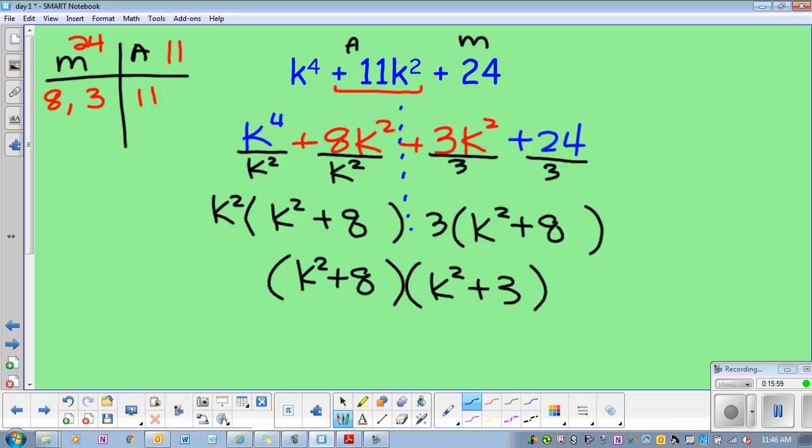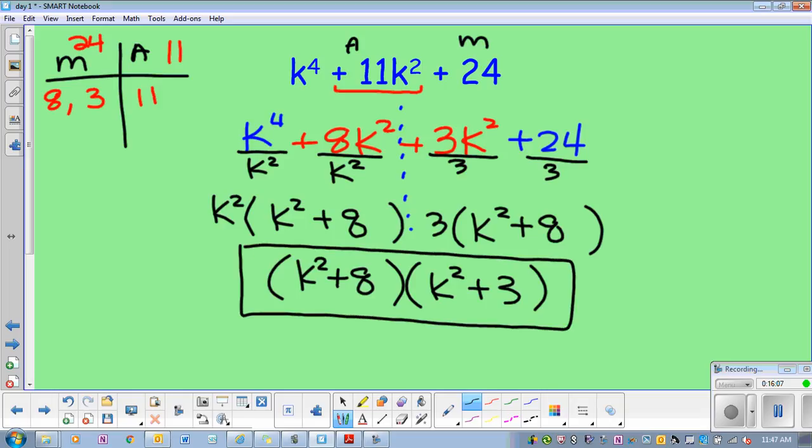So here's where we see a lot of mistakes, right? These two are done. I can't factor it anymore. But just be mindful that when you end up with K squared or X squared left over, you've got to see if you can factor these again.